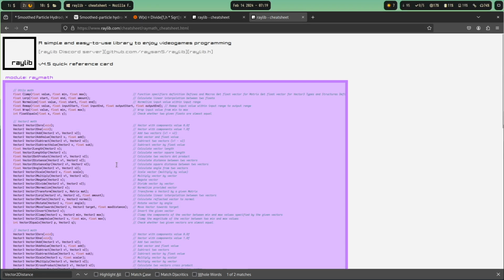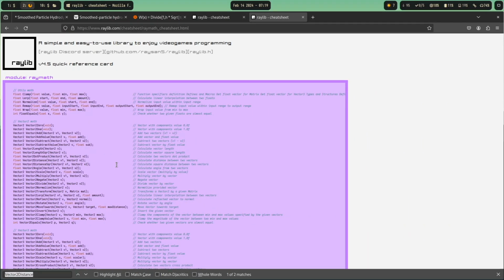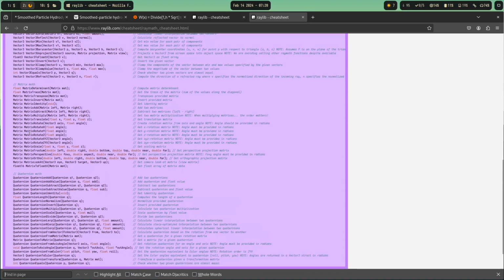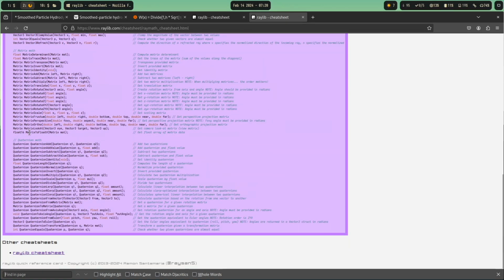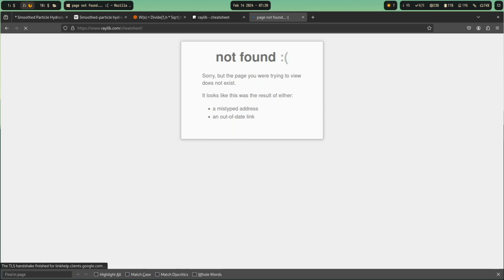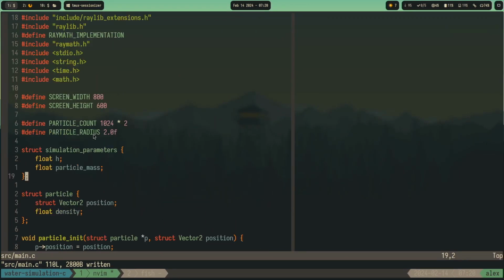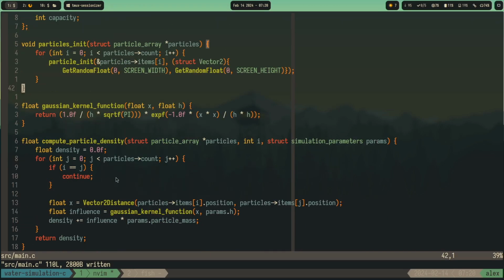That's nice. Do we also have random float? No. Okay. So we have vector math, and pretty much that's it. That's good. I mean, it's enough for me.